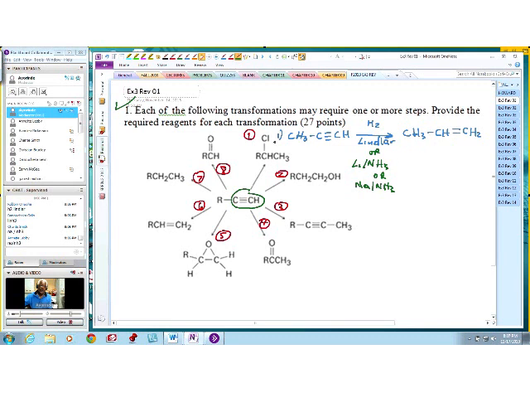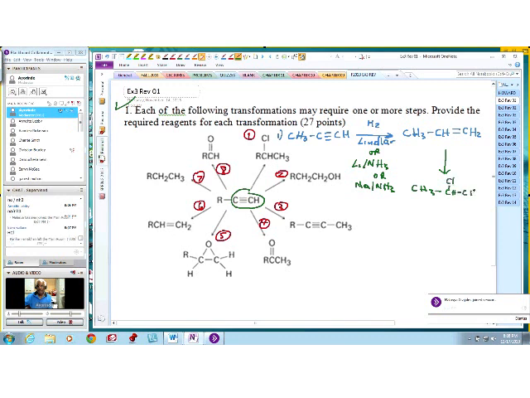Now, to go to this compound here, what reagent do we need? This is what they want us to do at this point. To go from a carbon-carbon double bond to an alkyl halide right here, what reagent?